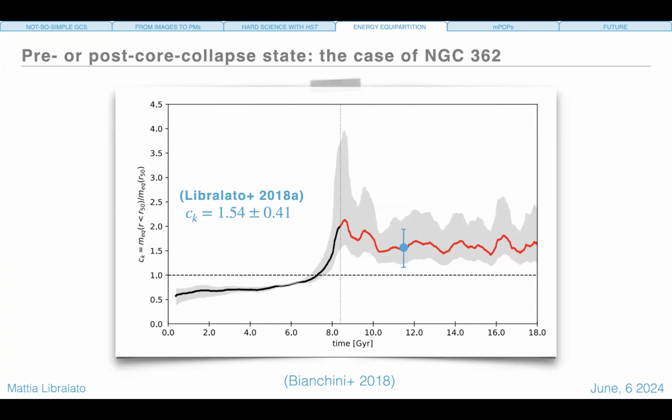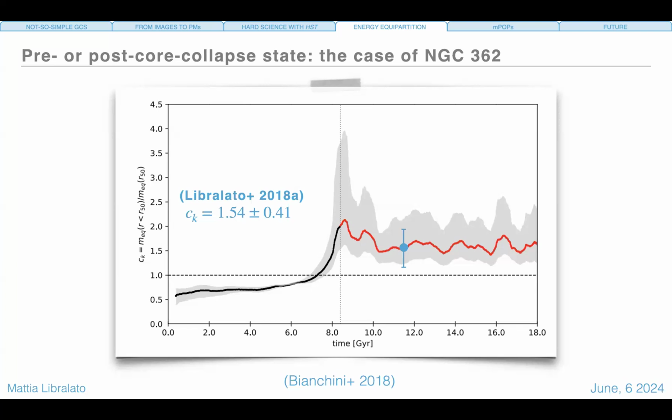But globally, you see that the high mass stars sink toward the center because of the mass segregation there is in the cluster, which is accelerating because there is a collapse happening. So they increase their velocity. The low mass stars instead are thrown to the outskirts, where, as we know, the velocity dispersion decreases the further you go from the center. So they are expected to decrease their velocity dispersion. So basically, the energy partition globally is not increasing anymore. It's actually going the other way around.